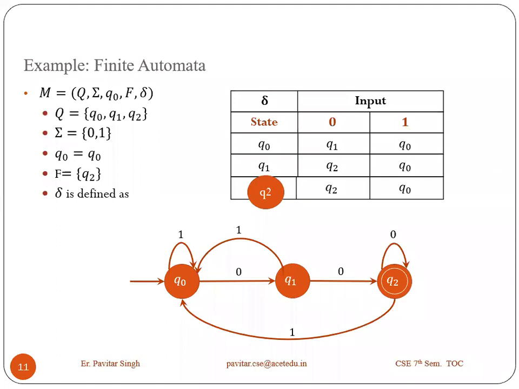So this is your DFA. DFA means for every input, for every 0 and for every 1, you will get a single state output. This is called your DFA.